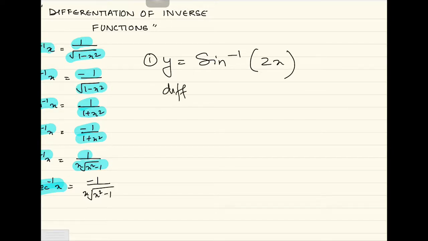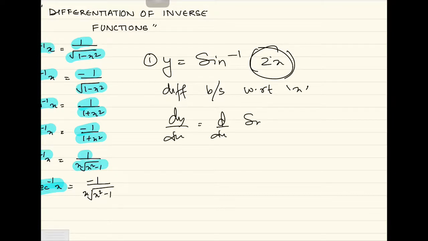So differentiating both sides with respect to x. It says derivative of sine inverse 2x. So this has to be actually x, but instead there is a 2x. So I think I'll have to follow the chain rule first. So I'll write here dy/dx, and that will be d/dx of sine inverse 2x. Now follow the chain rule. I'll simply do for sine inverse first, the outside one, and imagine this is x.